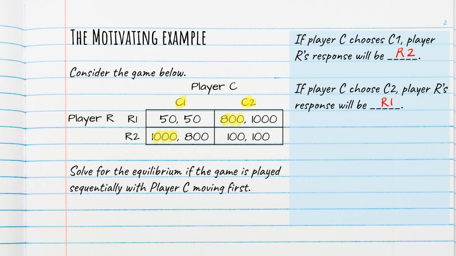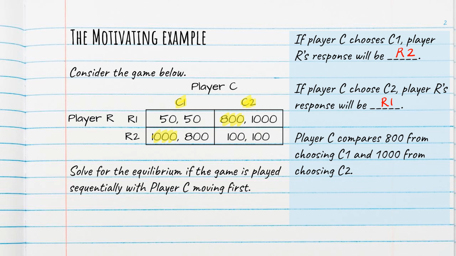Now we move backwards from the end of the game, and we ask ourselves the following. Player C says, okay, I know that if I choose C1, R is going to choose R2. And if I choose C2, R is going to choose R1. So player C compares the payoffs. Player C has two options.